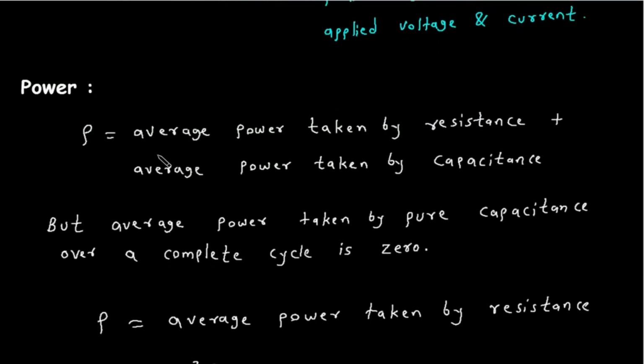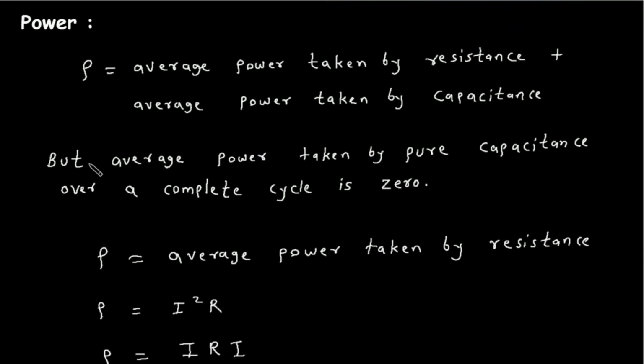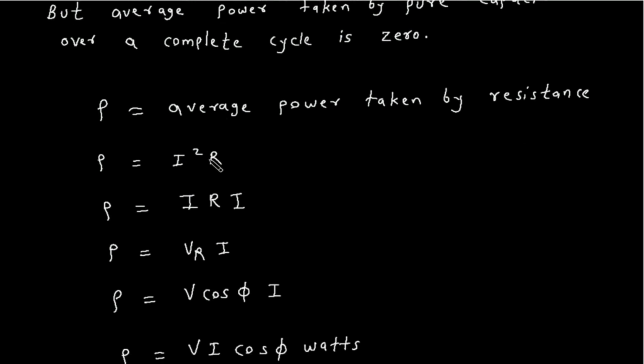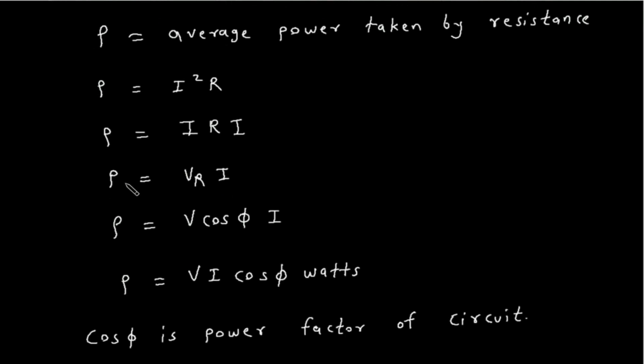Power is equal to average power taken by resistance plus average power taken by capacitance. But average power taken by pure capacitance over a complete cycle is 0. So power is equal to only average power taken by resistance. P is equal to I square R. Now if we separate this, P is equal to IR into I. We can replace this IR by VR.